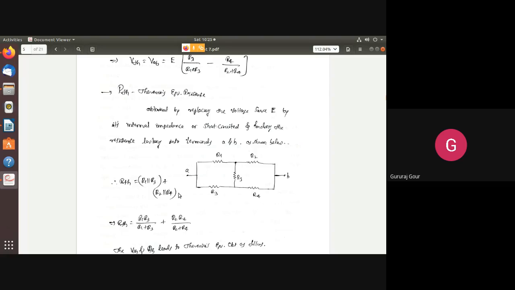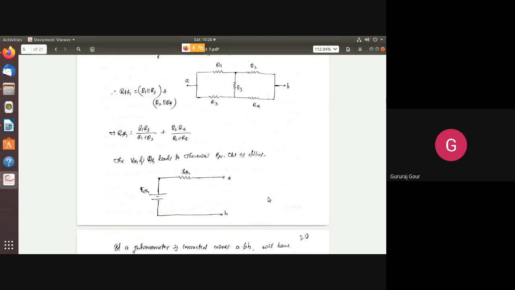You can add these two, so these two parallel combinations are coming in series. Finally, what you are getting is RTH equal to R1 R3 by R1 plus R3 plus R2 R4 by R2 plus R4.